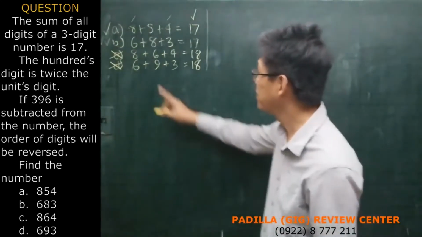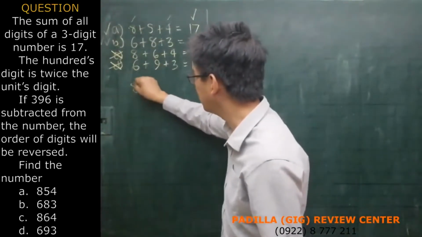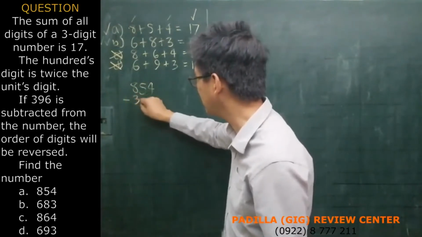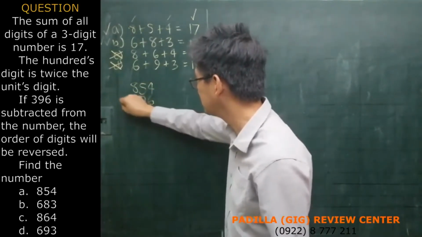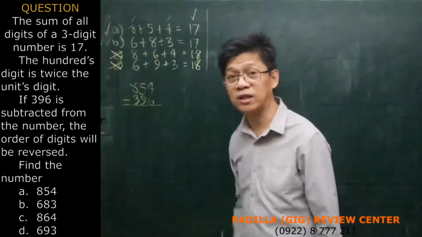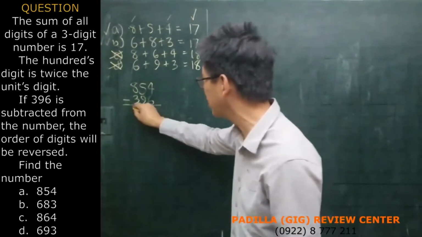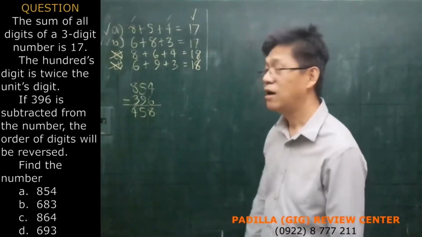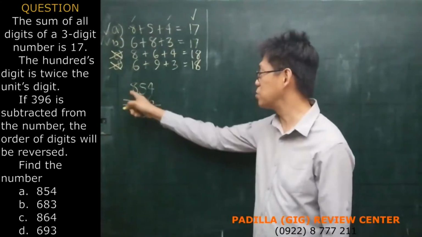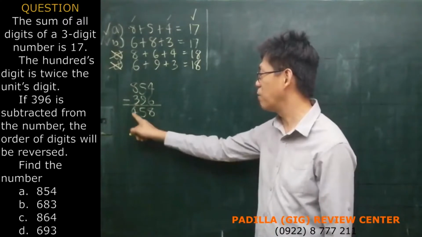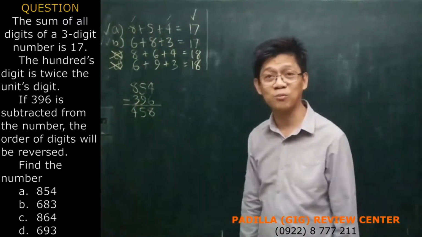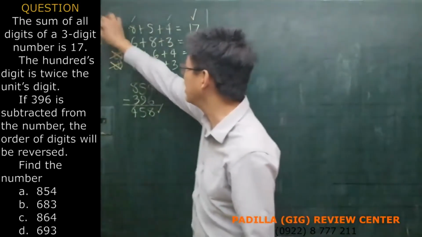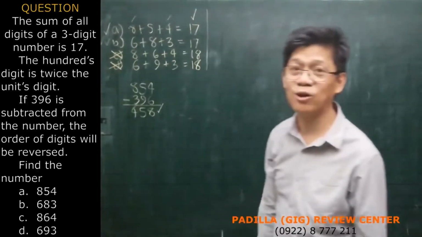So, let us check. 854 minus 396, you'll get 458. Is the order of digits from 854 becoming 458 reversed? Correct. So, letter A satisfies all requirements.